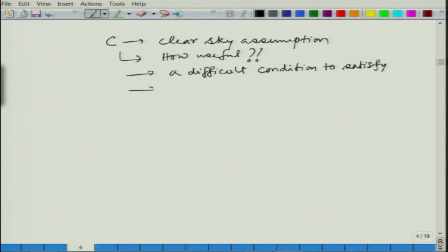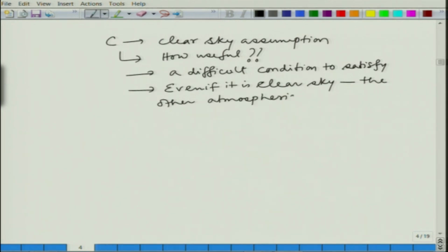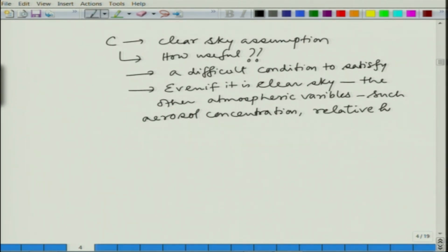And the other thing is that even if it is clear sky, the other atmospheric variables such as your aerosol concentration, relative humidity, etc. These are not constant, right?